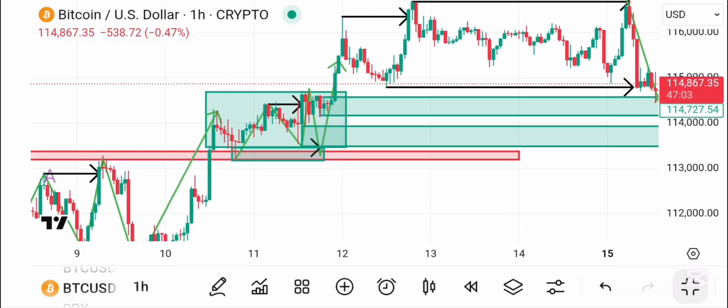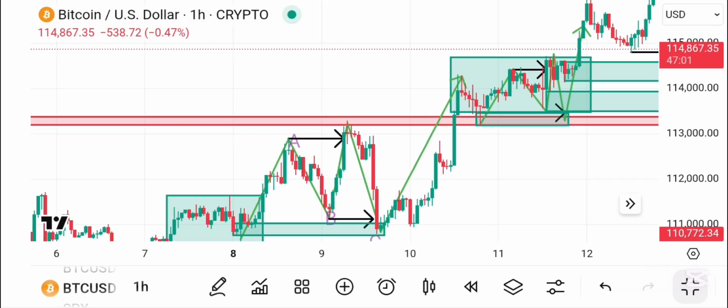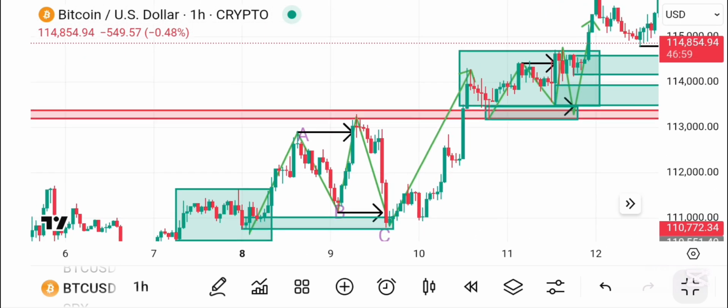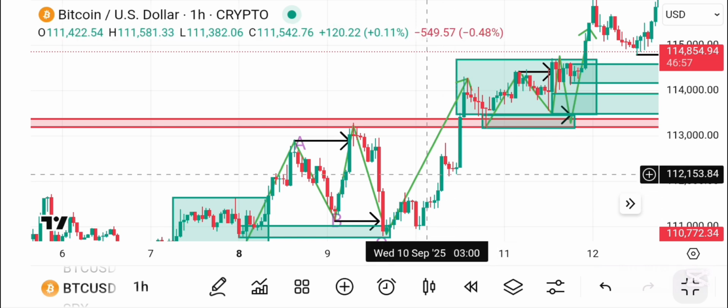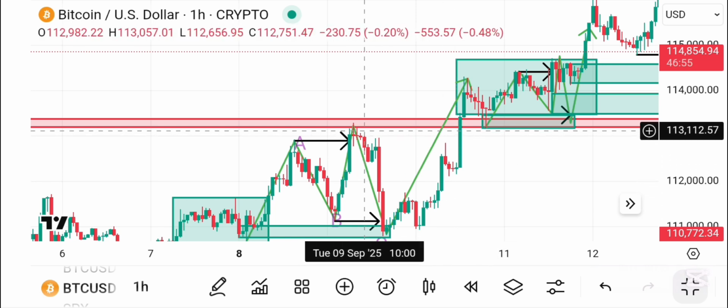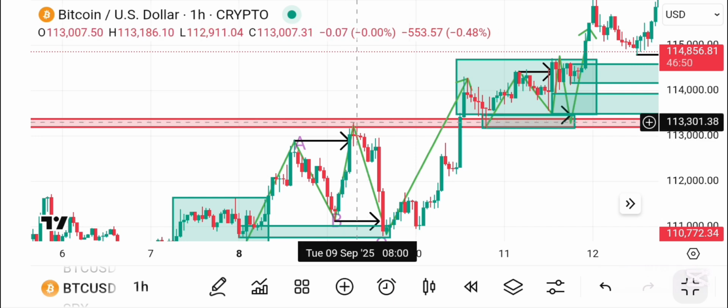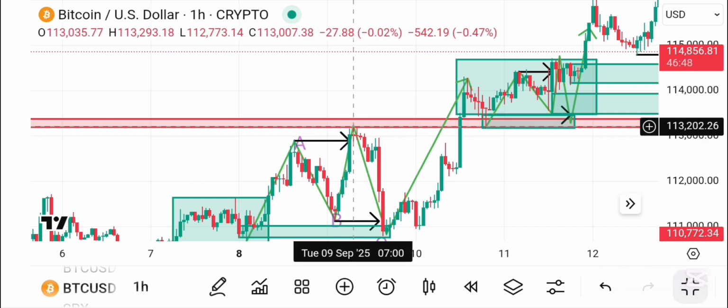Now let's go over to this zone. We're practically talking about what happened here at the $13,000 level, right? What happened here? Price mitigated the supply or the resistance zone, right?